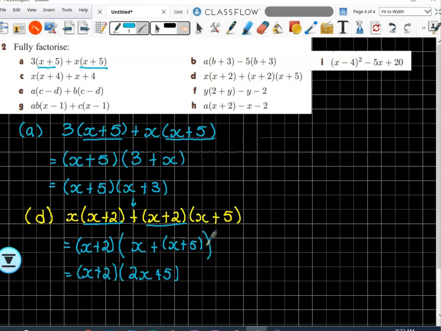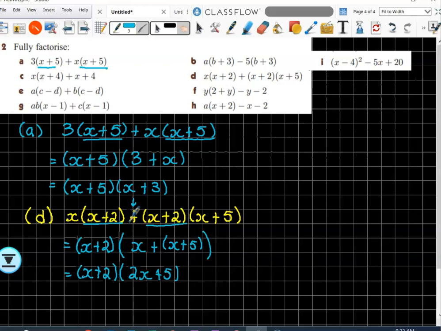Listen very carefully, please. If there is a minus here, if that was a subtraction, you must have those brackets, because imagine if you didn't, you'd have minus X plus 5 when it should have been minus X minus 5. So when there's a minus here, include your bracket, please.